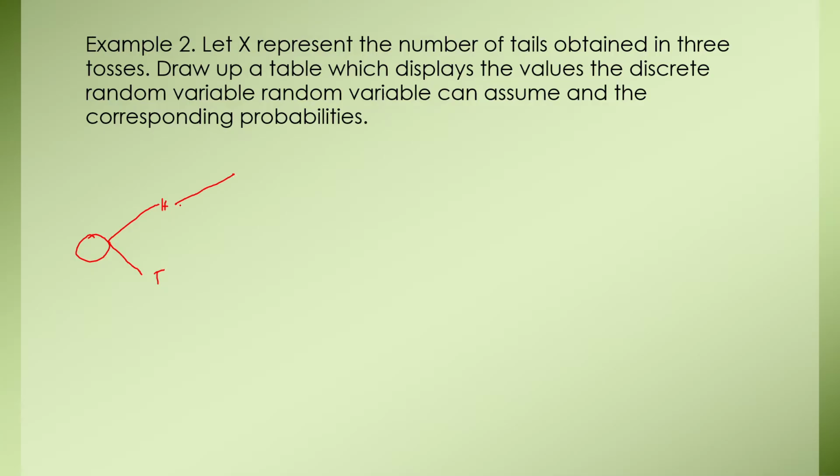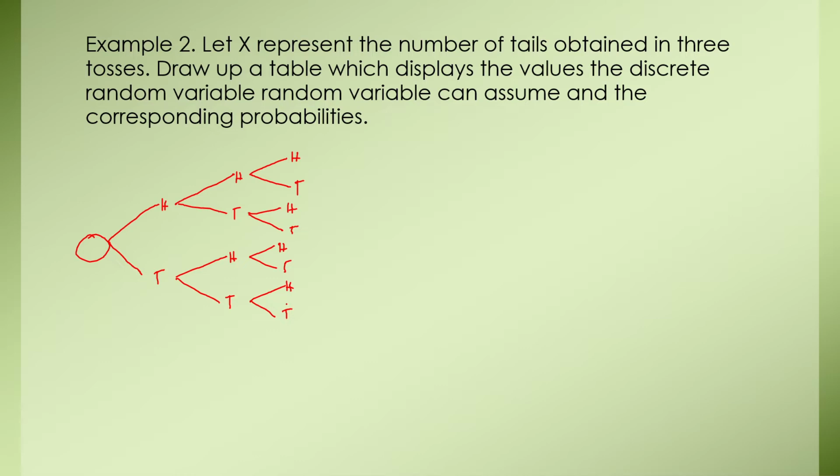The second toss is also head or tail, and the last one, the third toss, is head or tail, for each branch.